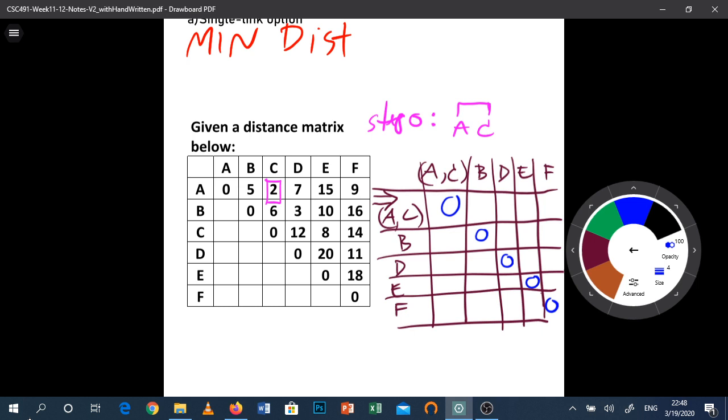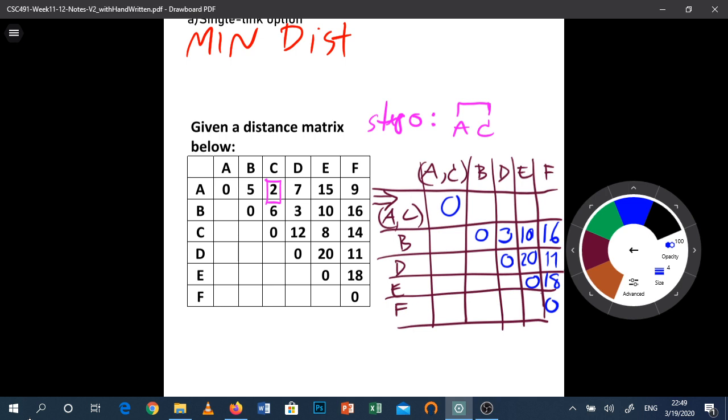So you can see that for BD, you can copy the value 3, BE, you can copy 10, and BF was 16, DE was 20, DF is 11, and EF was 18. But now in the first row, we have a lot to update.